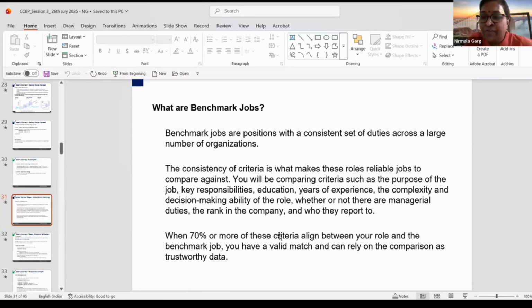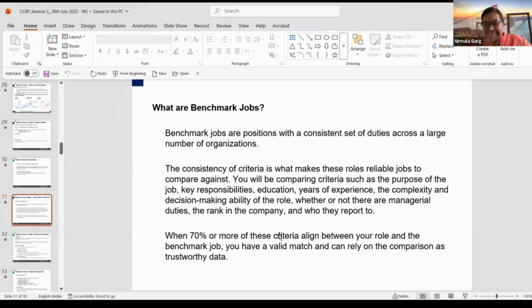See, if you have a job which is changing because there's so much fluctuation in the market, then if you're going to match it in the market, it will be so difficult to match because it's constantly changing. You may be matching now, and then suddenly the job has changed. So typically, when you are comparing jobs, you need to compare those 40 or 50% of the jobs in the organization which are stable over a period of time. So these are called benchmark jobs.